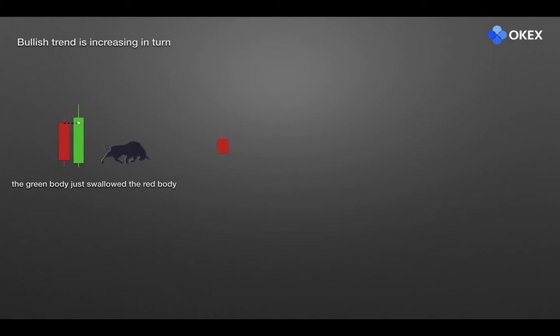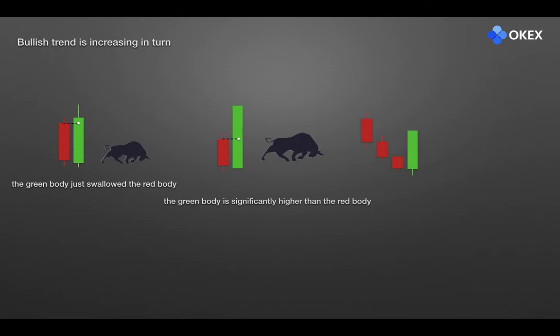For figure 2, the green body is obviously higher than the red body, even twice the size of the red one. And the combination represents a very strong bullish strength. And for the final case, the green body swallowed up many of the red bodies, and this one has the strongest bullish strength.